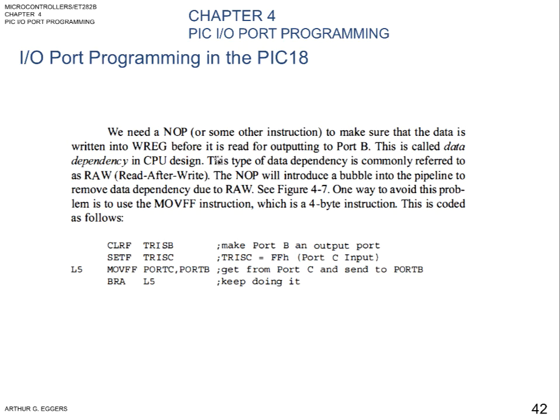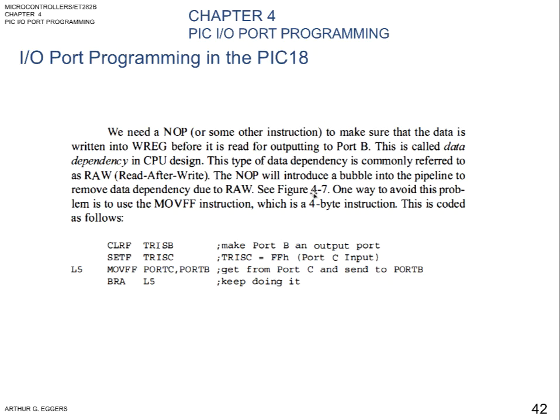This type of data dependency is commonly referred to as a RAW, read after write. The NOP will introduce a bubble into the pipeline to remove the data dependency due to a read after write.